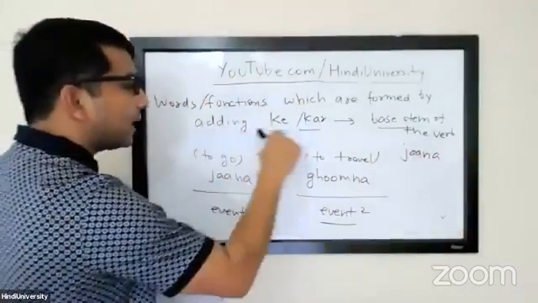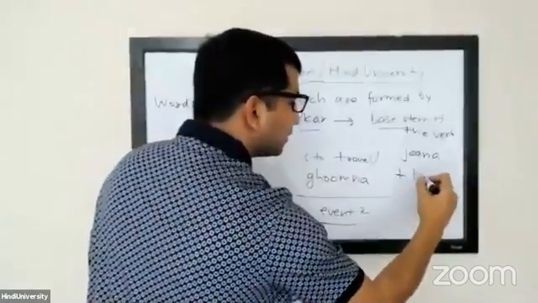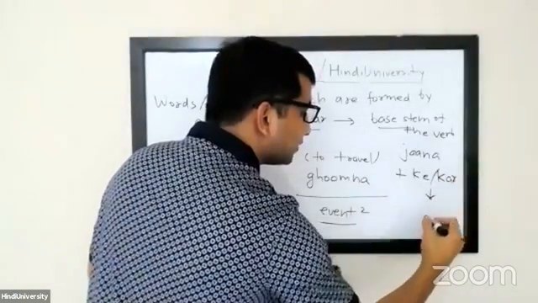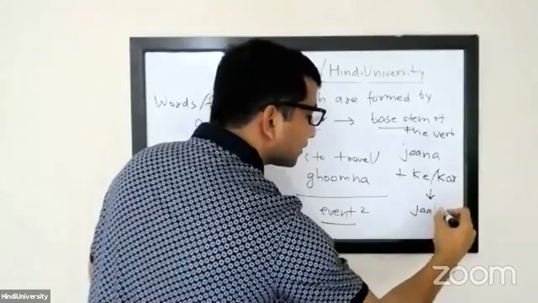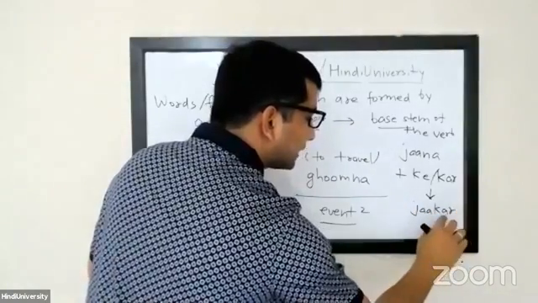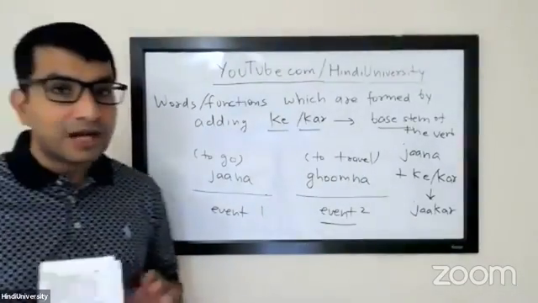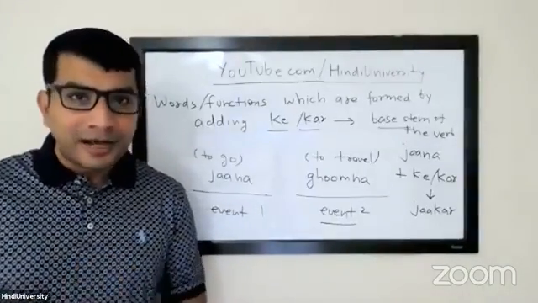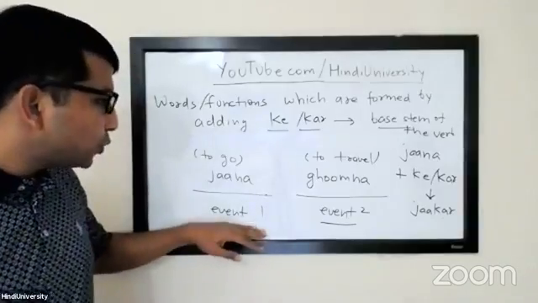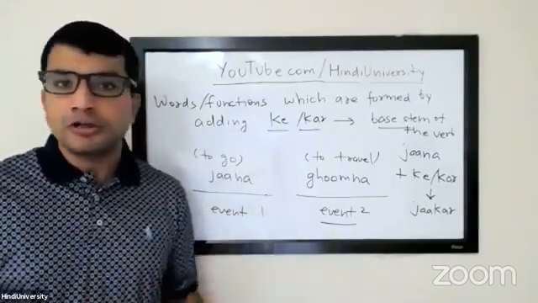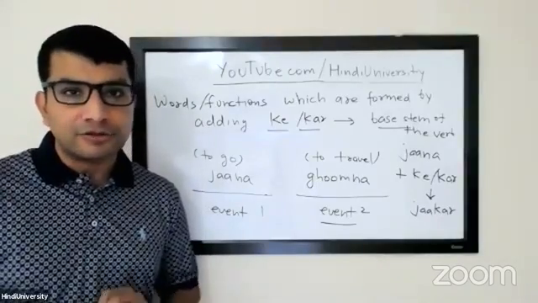and as I said, you add k or kar to the base stem, and that gives you jakar. Jakar is interchangeable with jake. Both of them are the same. Now, we've been doing one verb at a time throughout the last 11 chapters.